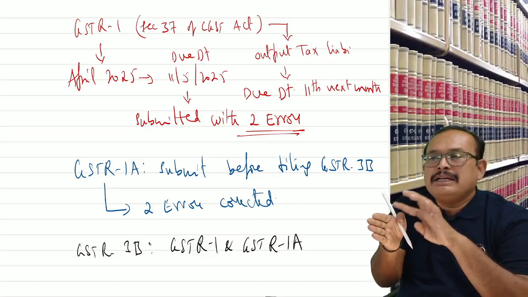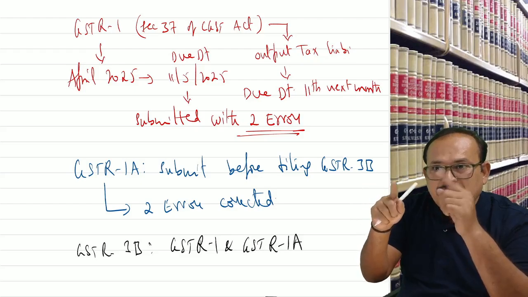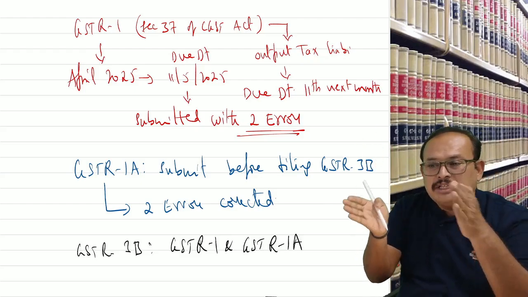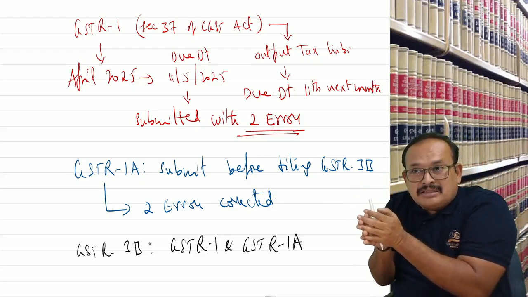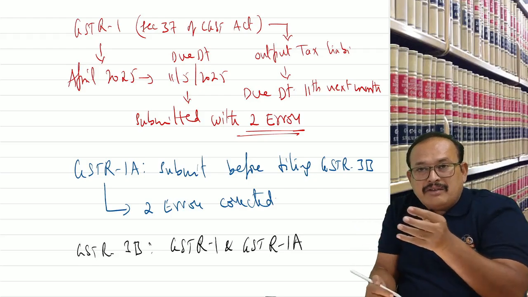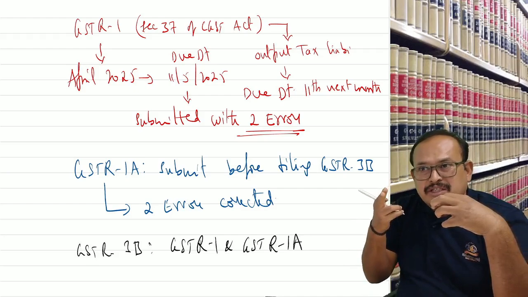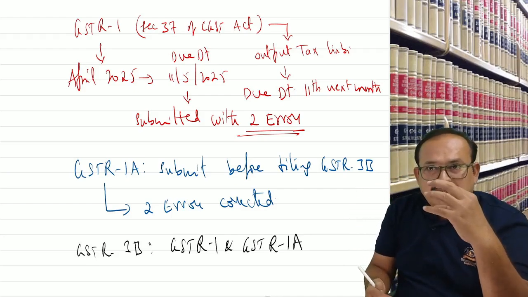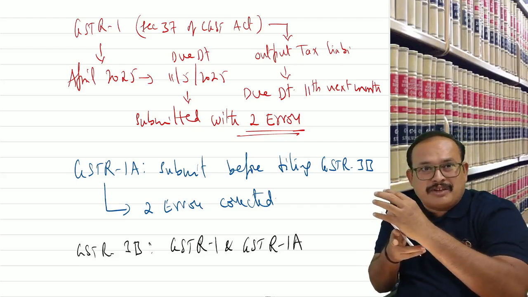In GSTR 1A, rated as 1 lakh instead of 10,000, and 18% instead of 12%. Now, these two are going to merge in GSTR 3B. Wherever GSTR 1 has no correction in GSTR 1A, it goes directly to GSTR 3B. GSTR 1, when flowing to GSTR 3B, passes through GSTR 1A.